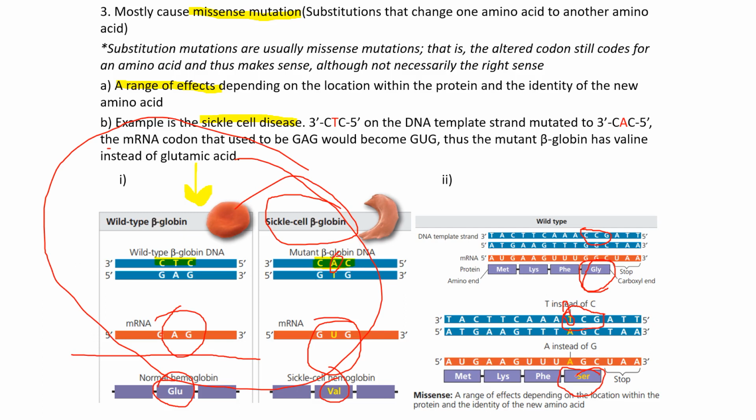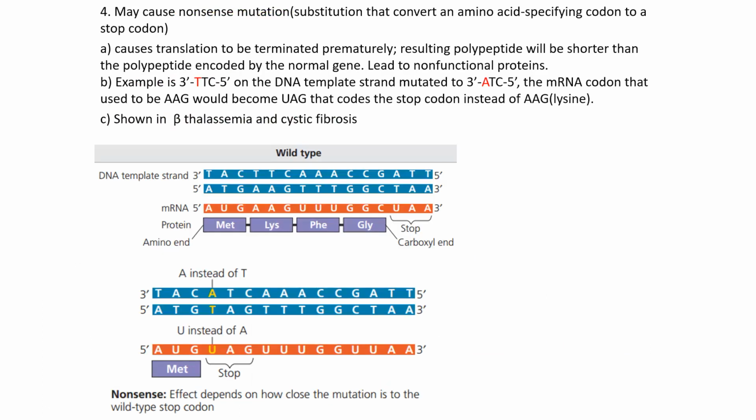Now the third example of point mutation is nonsense mutation, which is a substitution that converts an amino acid specifying codon to a stop codon. So by right you should get an amino acid, but what happens? You get a stop codon instead.